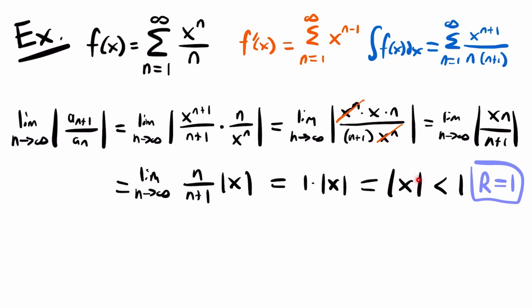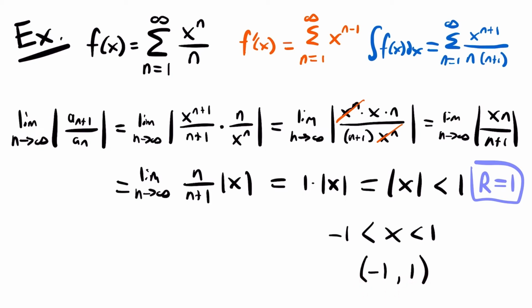Remember that the absolute value of x being less than 1 is the same as saying x is less than 1, but greater than negative 1. This is the same as the absolute value of x less than 1. And so what we have right here is our interval of convergence for this power series, but we haven't checked the endpoints yet, right? We just know that our series is convergent from -1 to +1, but it's not including those two values.